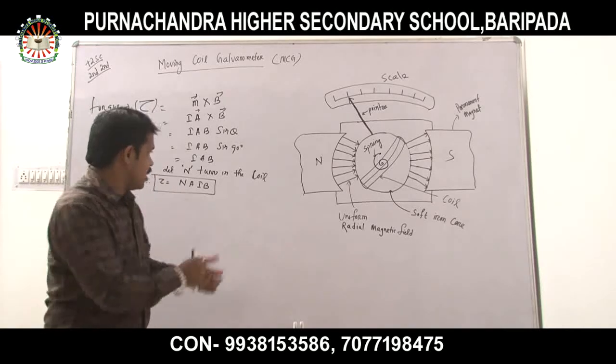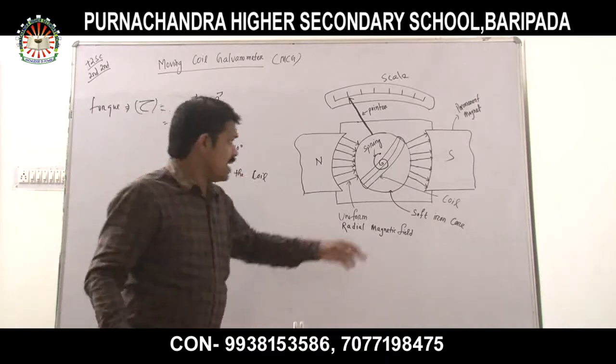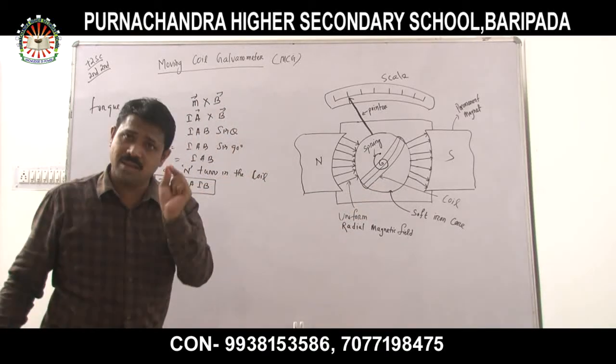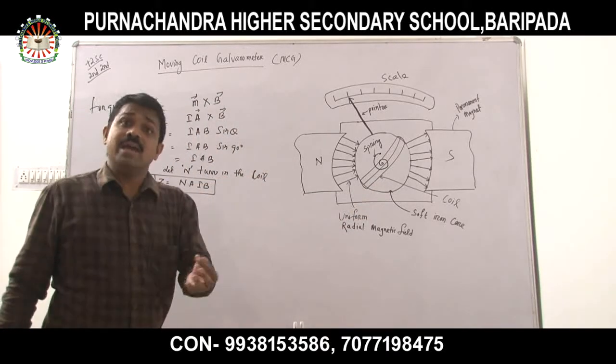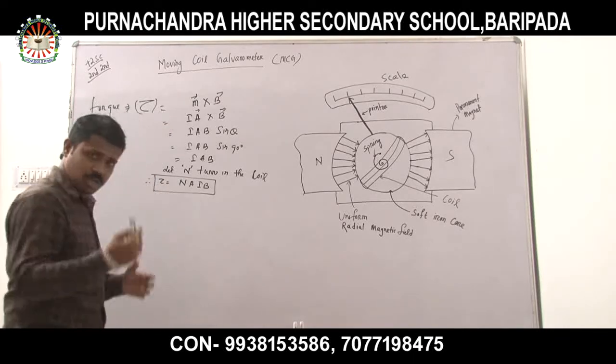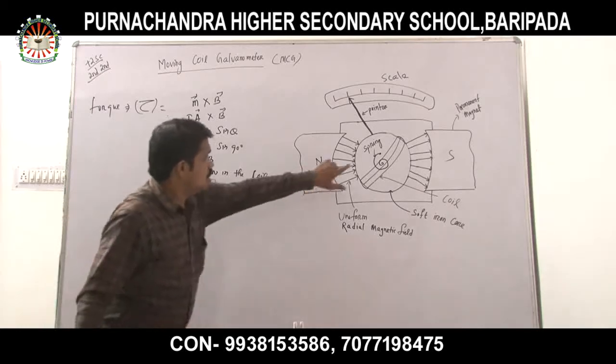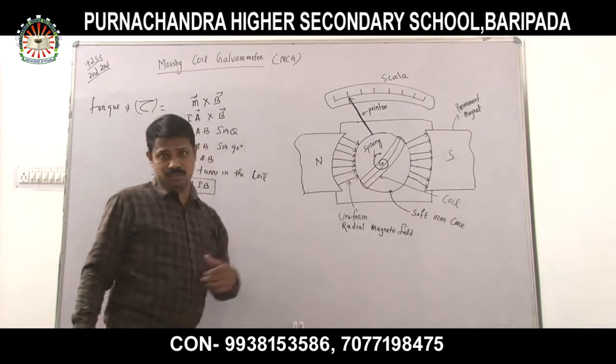When this amount of torque, NAB torque, is applied on that cylinder, at that moment another torque, called restoring torque, is produced in the spring.